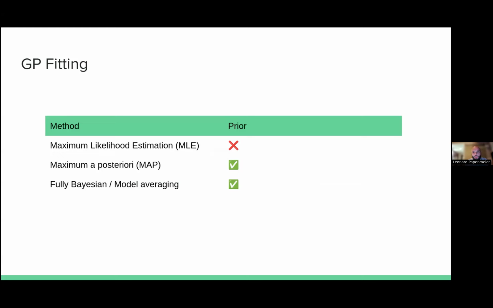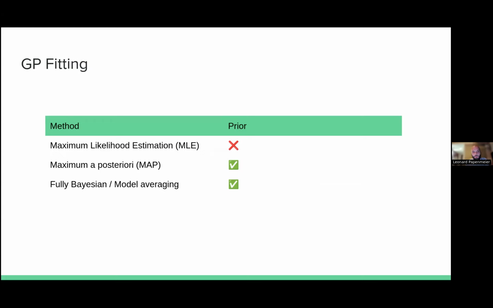The main difference between MLE and MAP is that MAP specifies a prior, whereas MLE doesn't. Right, and so you have this prior distribution for the hyperparameters, and once you observe data, you can apply Bayes' theorem to obtain the posterior distribution of the hyperparameters. And what MAP does then is to choose the mode of that posterior distribution in order to set the hyperparameter. So it's a point estimate.